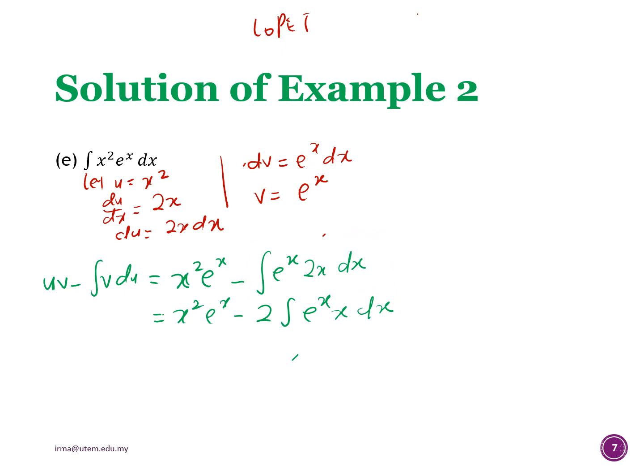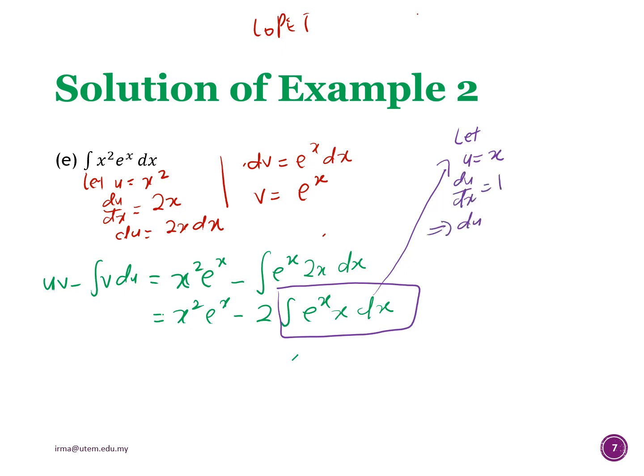So what I need to do is just to integrate this term. We need to let new u equal to x, so du dx is equal to 1, where we will have du equal to dx, and another one is dv is equal to exponent x dx, so v is equal to exponent x.